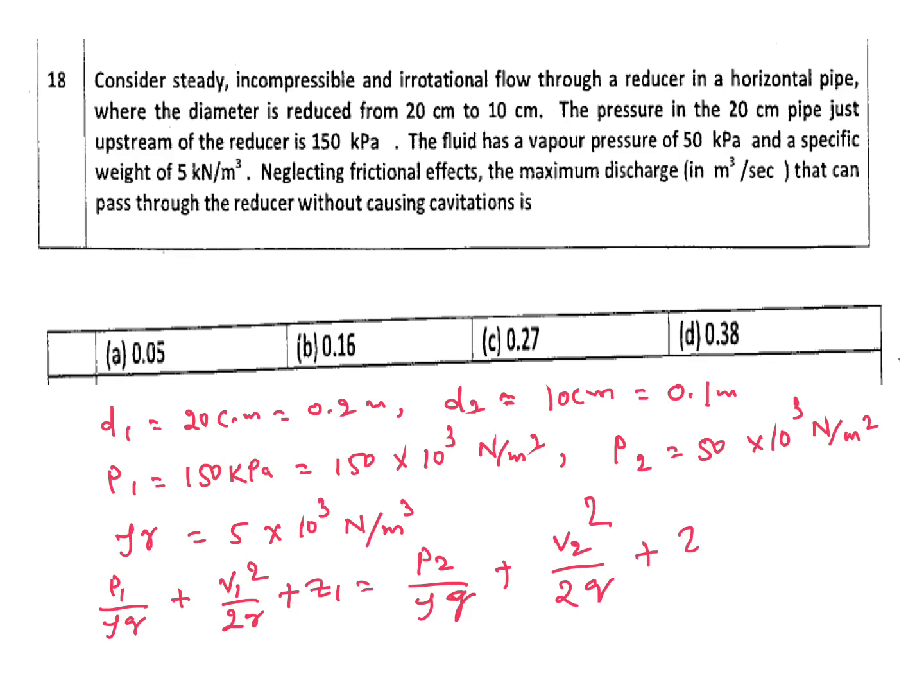Z1 and Z2 cancel, g no need to cancel, so we'll get here P1 minus P2 by rho g equal to V2 square minus V1 square by 2g.